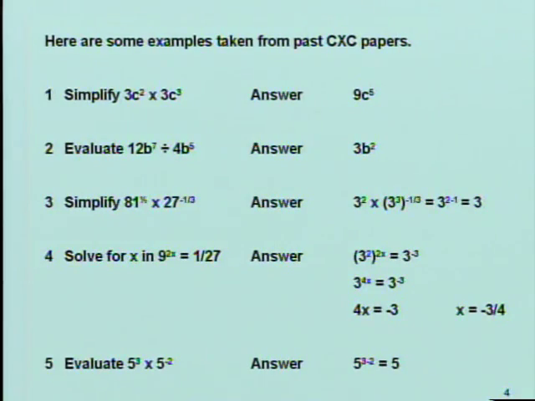The left-hand side will give us 3 to the 4x power equal to 3 to the minus 3. Equating the indices, we'll have 4x is equal to minus 3 and x is equal to minus 3 over 4.